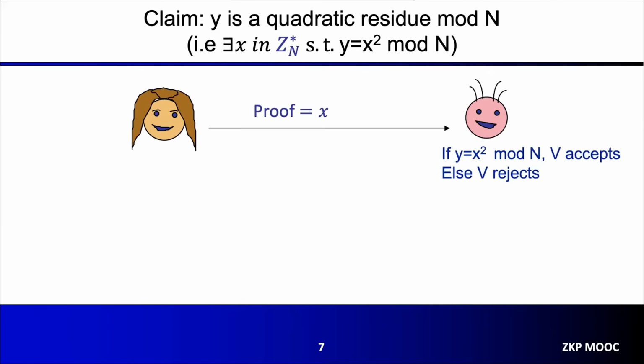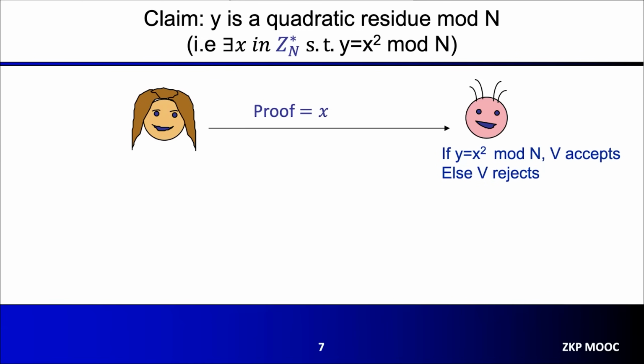It means that if you look at the equation, y equals x squared mod n, it's solvable. That is, there exists an x between 1 and n, and furthermore, it's relatively prime to n, so there are no divisors in common between n and x. That's a solution to this equation. So there is an x such that y is equal to x squared mod n.